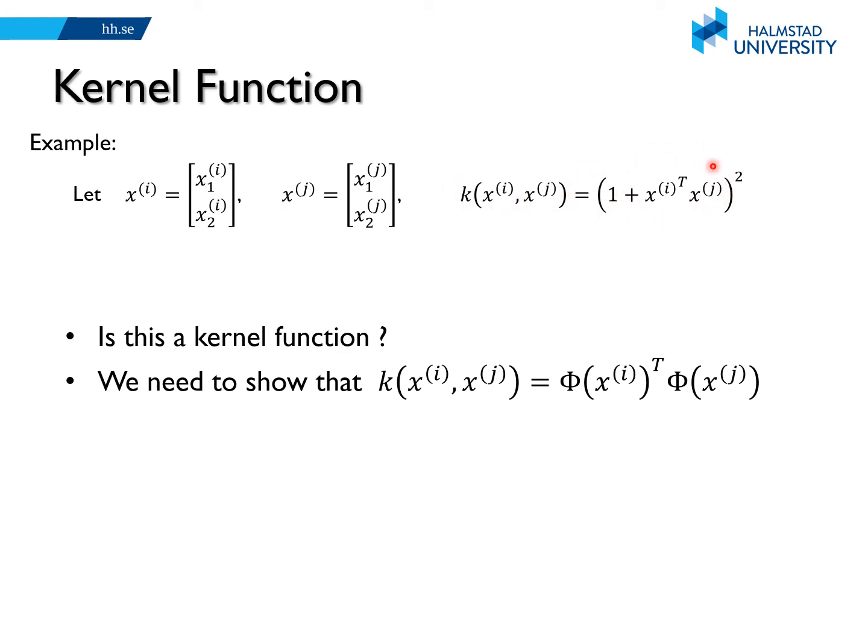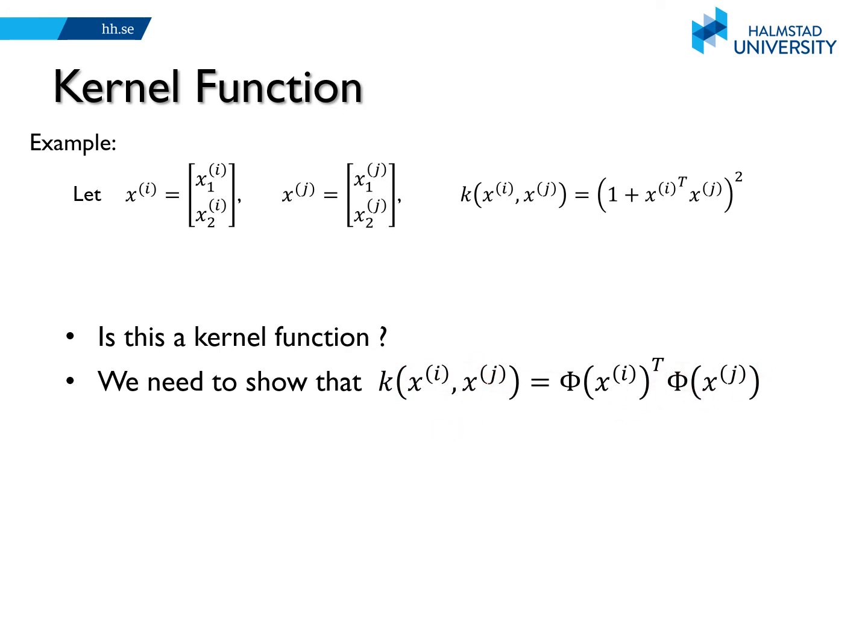So this is a polynomial function: 1 plus xi transpose xj, all this squared. So is this function k a kernel function? To show that it's a kernel function, we need to show this. K of xi xj is equal to the dot product between one vector and another vector, right? The first vector depends on xi and the second vector depends on xj.